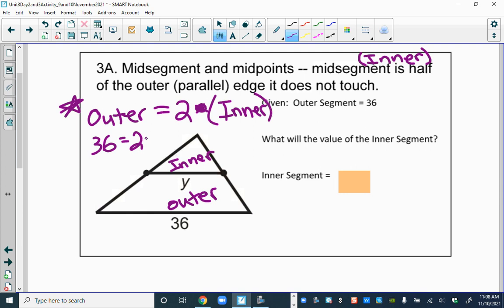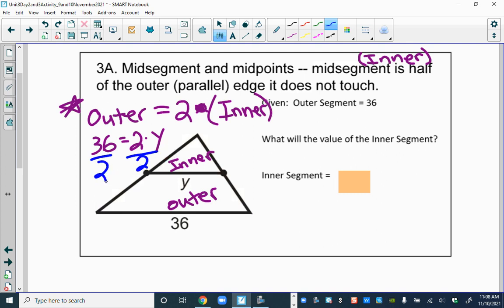Let's go real simple. Inner. What variable represents the inner segment? Just the y. So you have 36 equals 2 times y. Now we're going to do a dividing, Kathy. So we divide both sides by what number? 2. That's all.